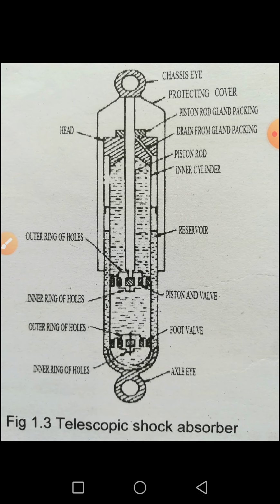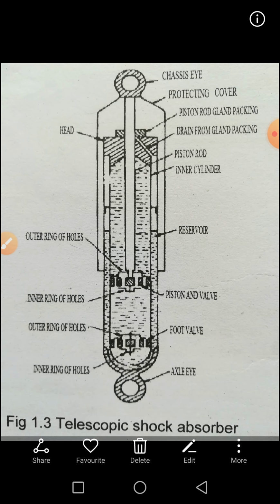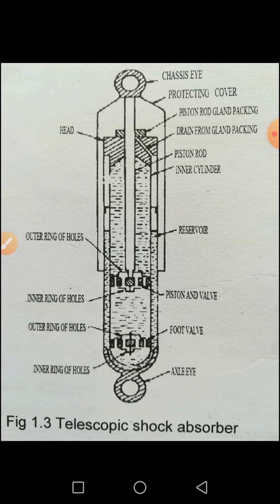We know that during working, suspension springs will vibrate. If the vibration continues throughout a long time, it will be very uncomfortable for passengers or goods. So the vibrations should stop as early as possible.